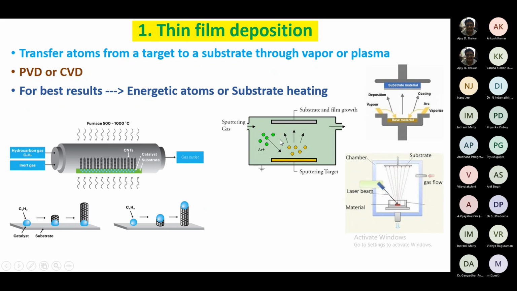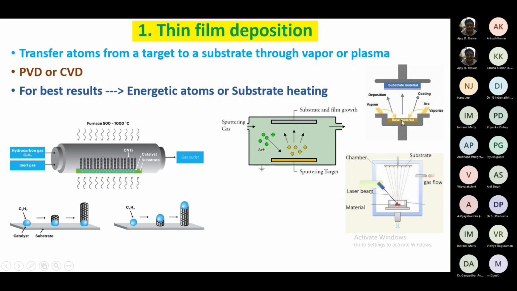And here are the processes of physical vapor deposition. It is sputtering, where the argon or inert atoms will bombard the target, and the target atoms will get deposited at the substrate site.